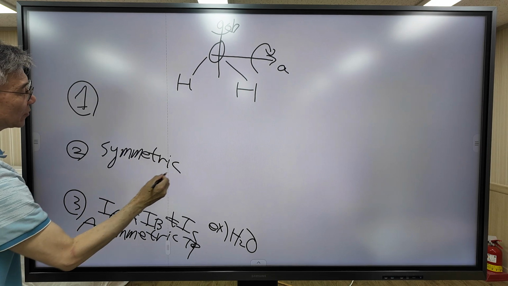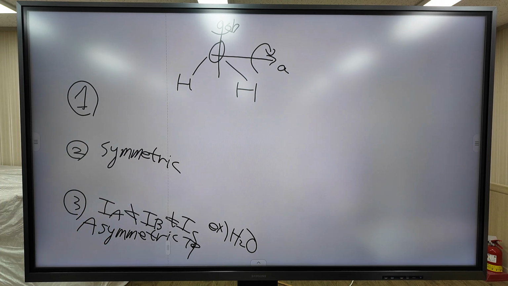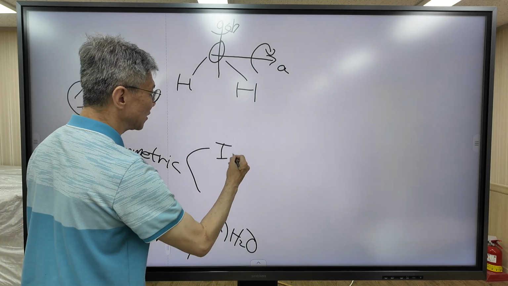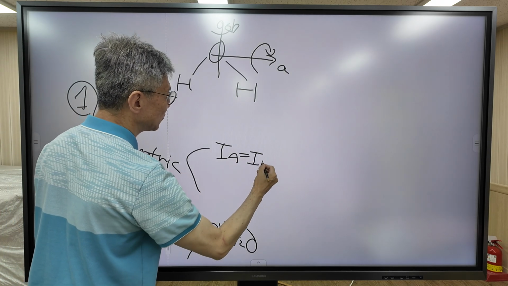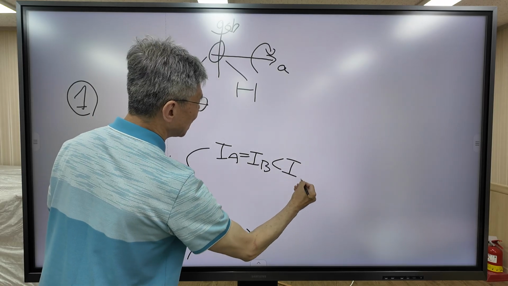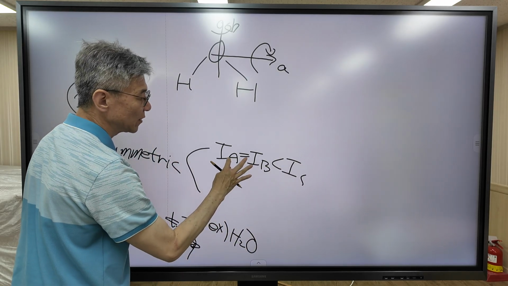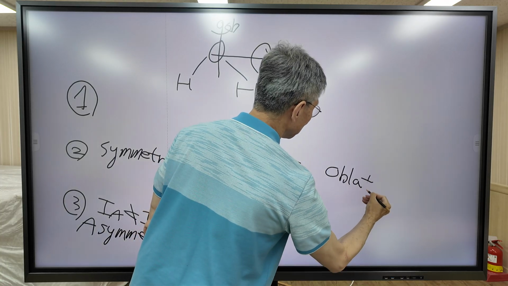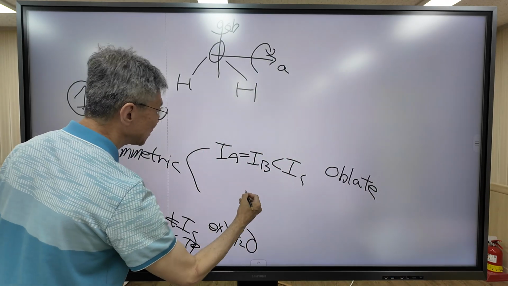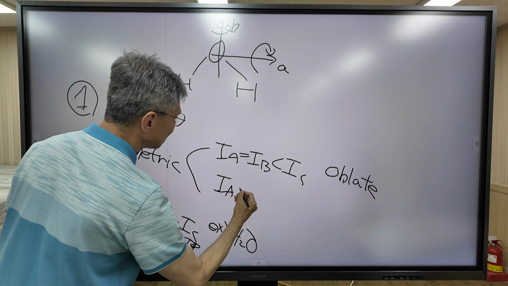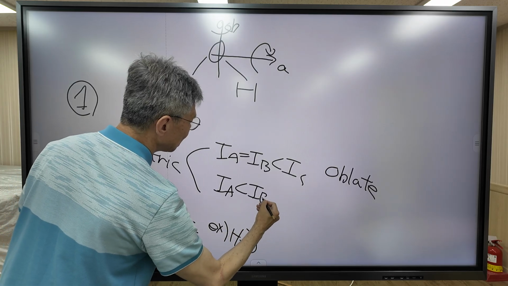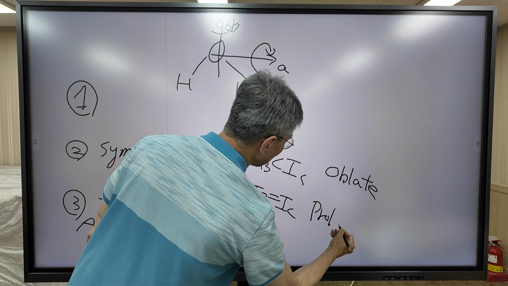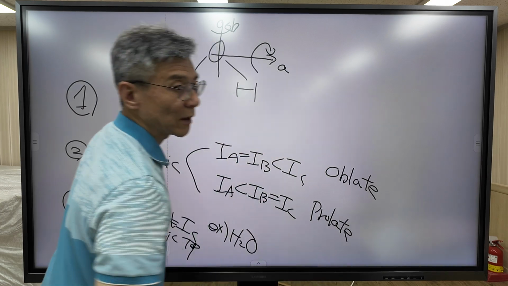But two subcategories arise. When the two small moments of inertia are equal, it is called oblate. And when the two large moments of inertia are equal, it is called prolate.